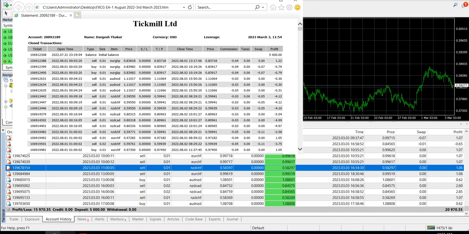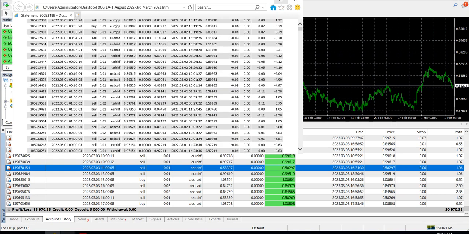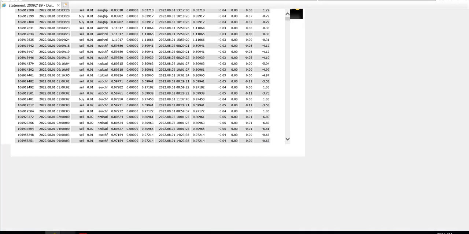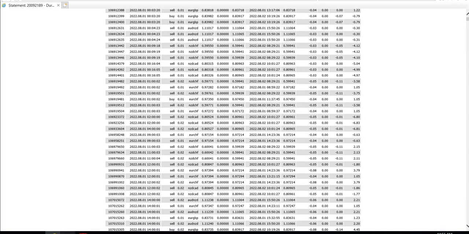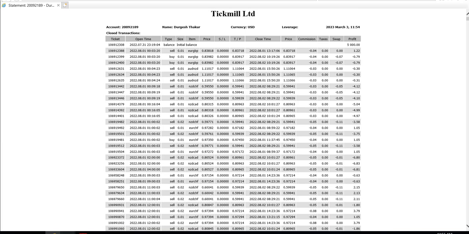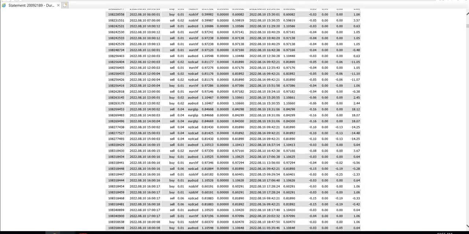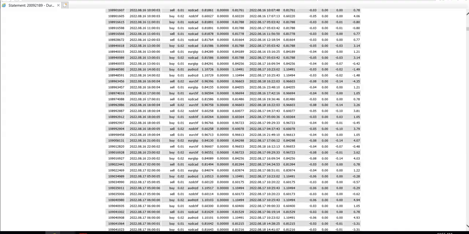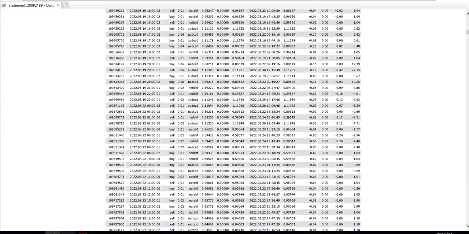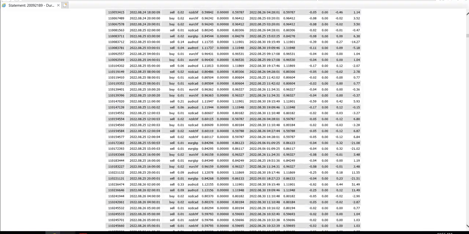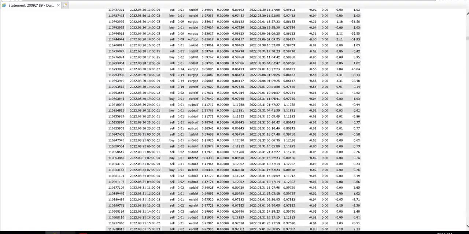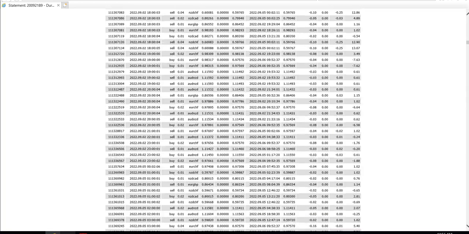Okay, so now it's there. This is the same thing that you have seen just now. This is just the trading report, which is handy, and I will upload this trading report and replace the old trading report.